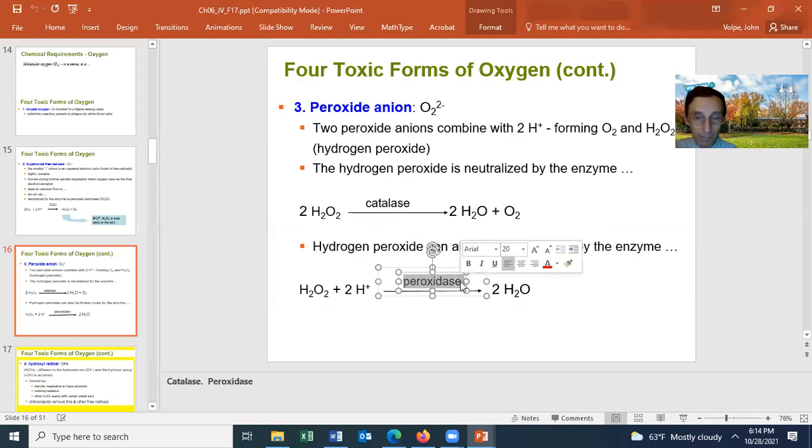For example, Streptococcus pyogenes, which causes strep throat, lacks the enzyme catalase. We learned that in our last lab. That cell has the enzyme peroxidase instead. Any questions about any of that?